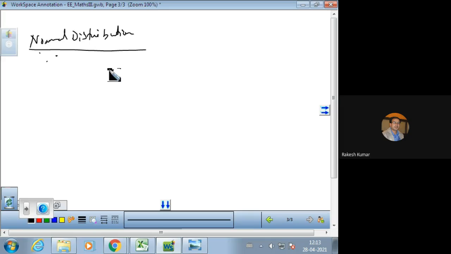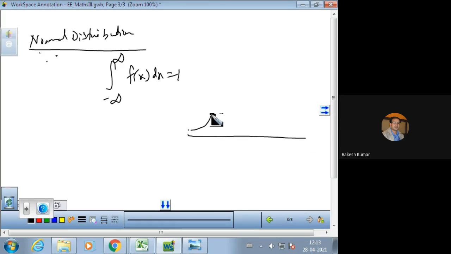We have discussed that the total area under the normal curve comes out to be 1, and the shape of the curve is a bell-shaped curve. This is a bell-shaped curve, and the total area is symmetrical about the mean position.